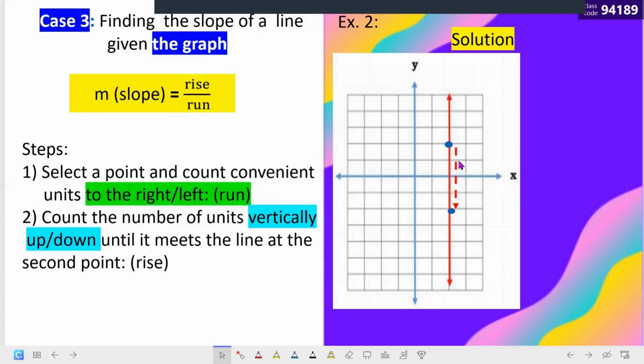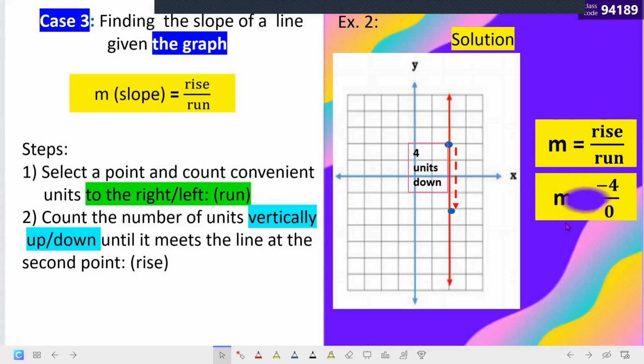Now, how do you solve the slope for this kind of graph? It's 4 units down. So kung ganon, our slope, which is rise over run, we don't have any run, but our rise is 4 units. We have a -4. Negative because its direction is downward. Now, paano man pag mag-umpisa ka sa baba tapos pataas? Eh di positive ang ilagay mo, but then the answer will still be the same. It doesn't matter, because m equals -4/0.